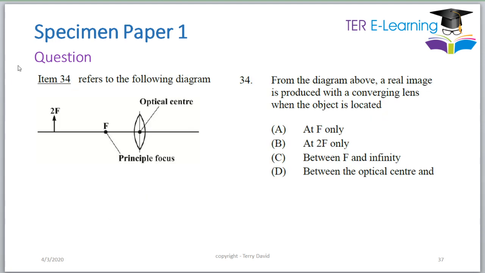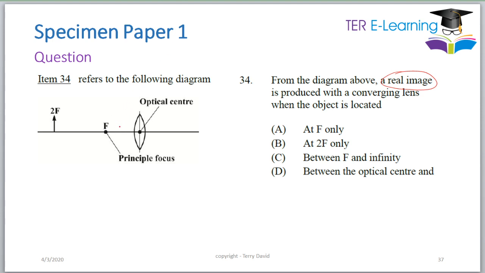Now let's look at number 34. So they want to know from the diagram, you want to get a real image. So you want a real image, and you're producing this using a convergent lens, and when the object is located at... So you all need to remember the ray diagrams for the different positions.